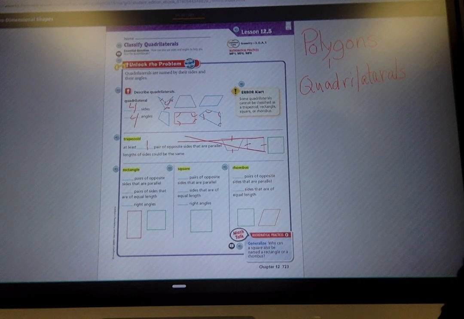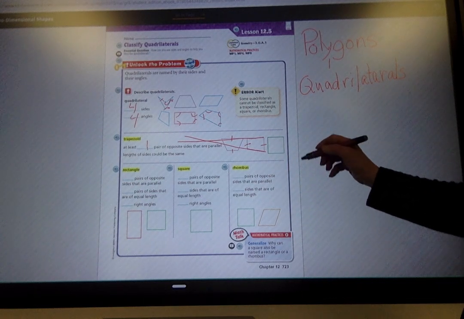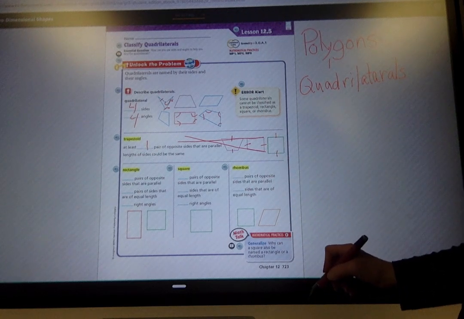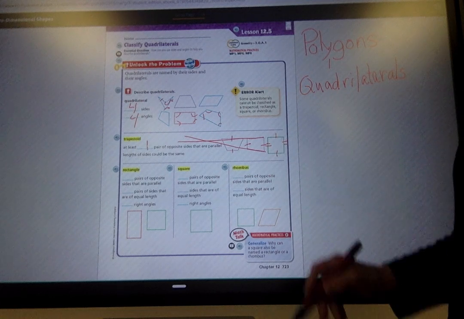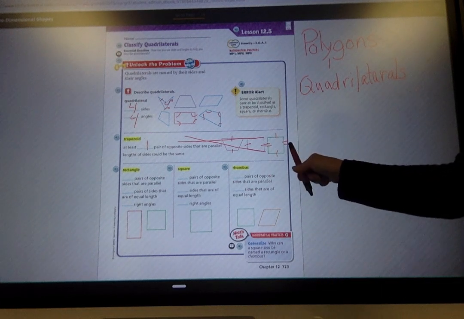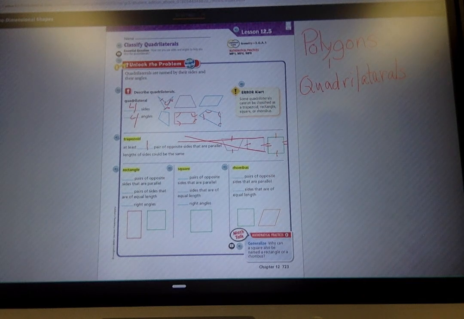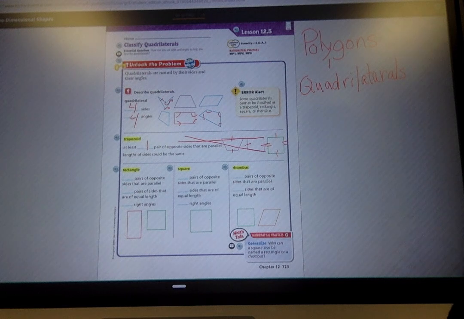They are not parallel. And then we look at the square, and we see this is parallel to this, and this one is parallel to this one. So this has two pairs of opposite sides that are parallel. These each have one pair of opposite sides that are parallel.